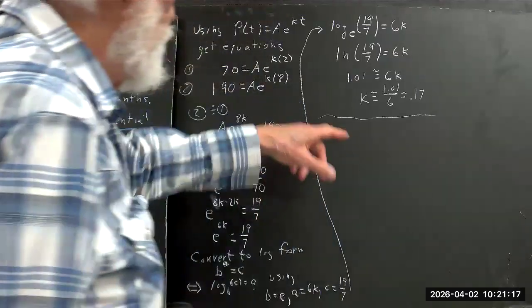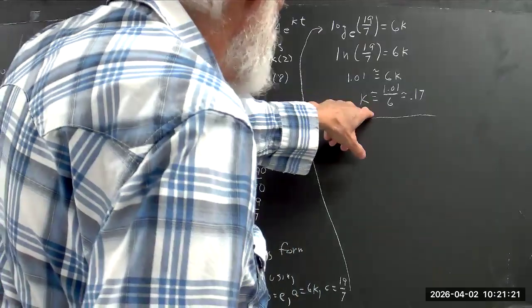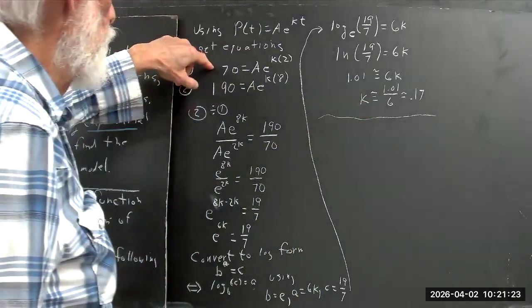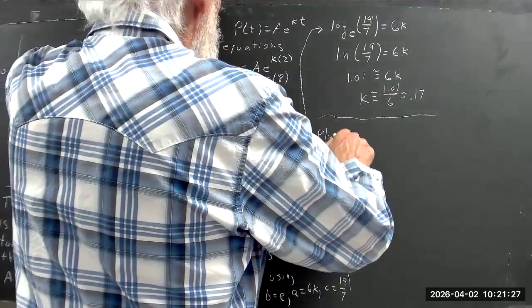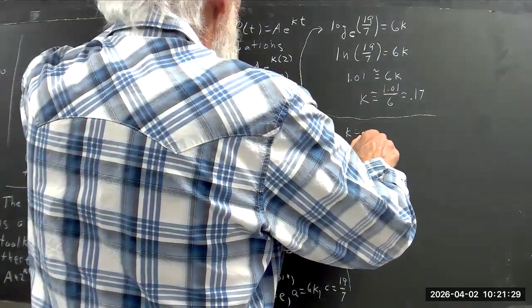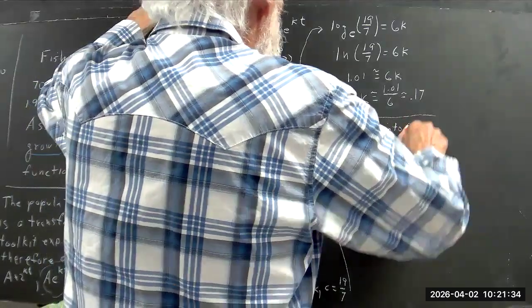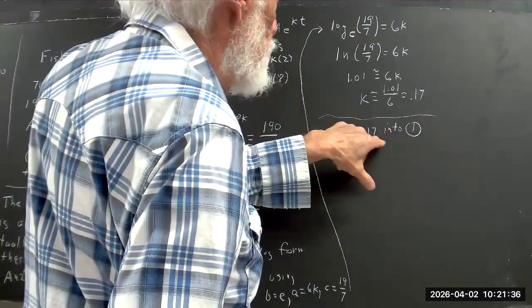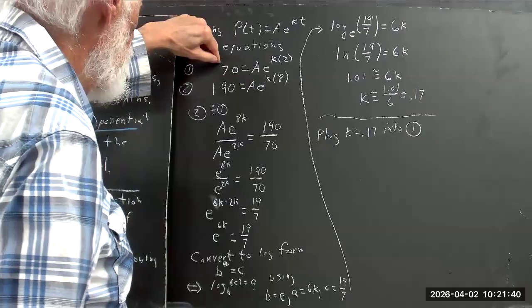Okay, in any case, we got our value of k, and we can plug that value into either of our original two equations. Plug k equals 0.17 into equation 1, which I've labeled with one circle.